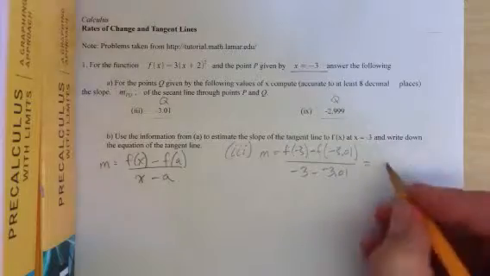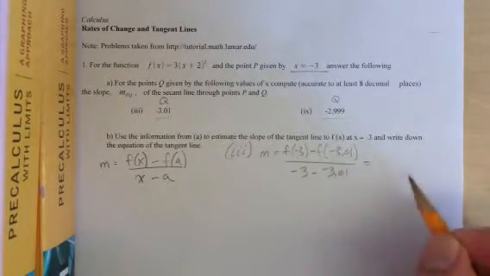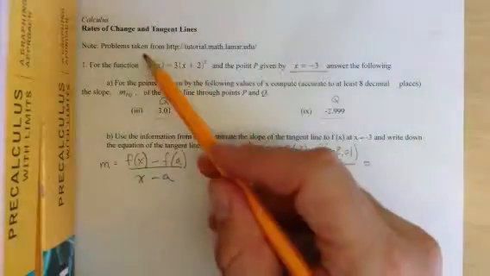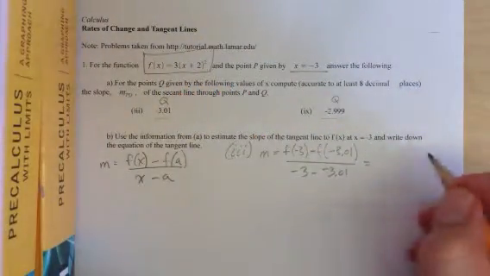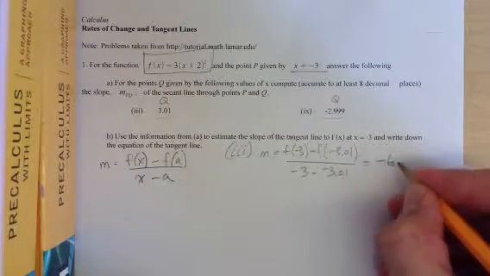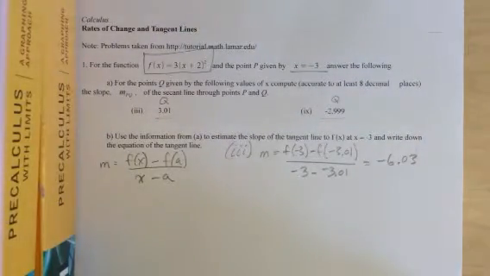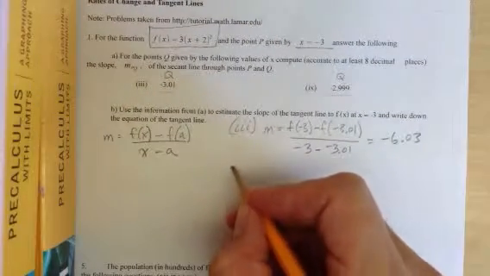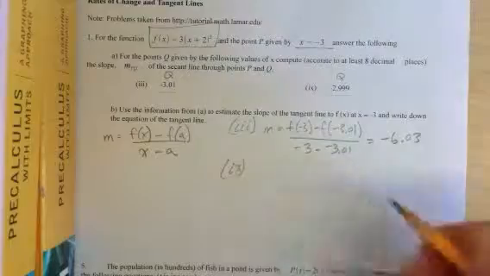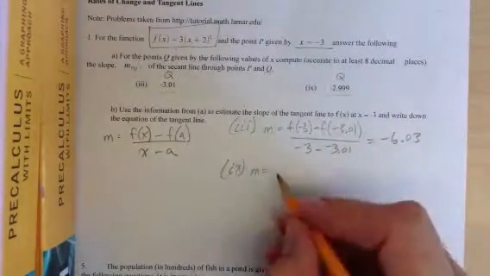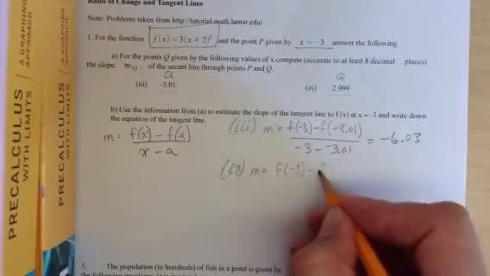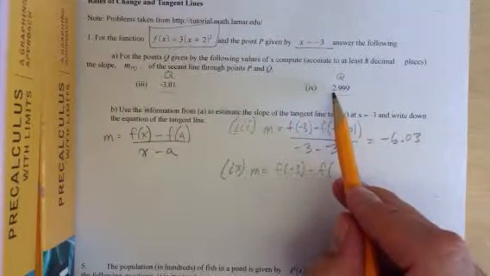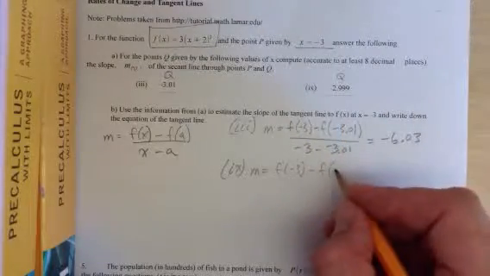And running through those calculations, evaluating that in the calculator, again you're evaluating the function f of x, this function here, you end up with negative 6.03. Roman numeral 9, again the same formula, but this time we're going to look at what happens when Q is the point x equals negative 2.999.